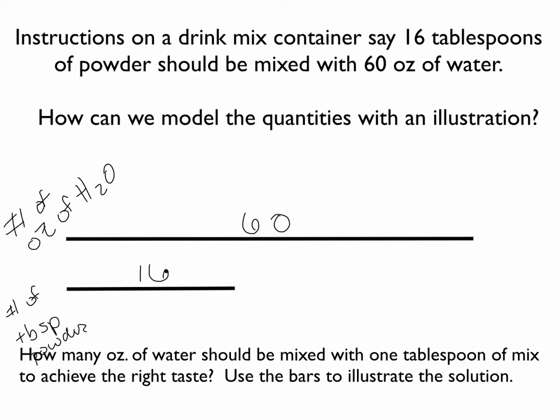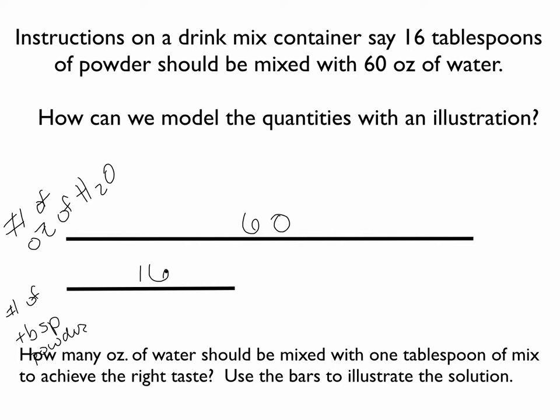Okay, so how many ounces of water should be mixed with 1 tablespoon of mix to achieve the right taste? How could we use this diagram to answer that question? I see a hand. Multiply by a ratio relationship.